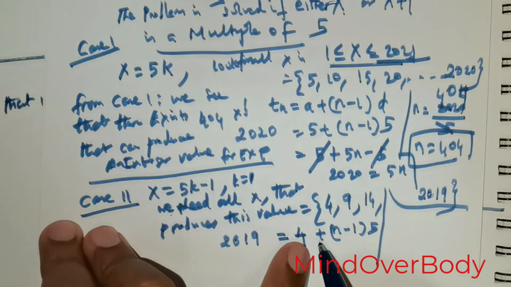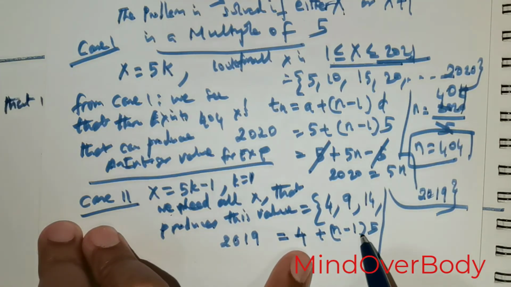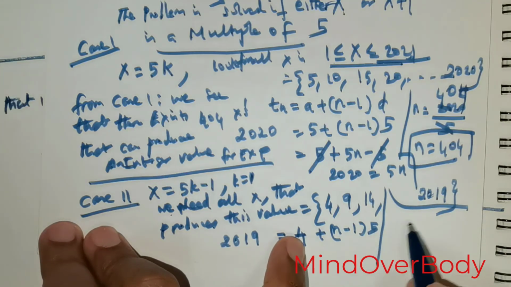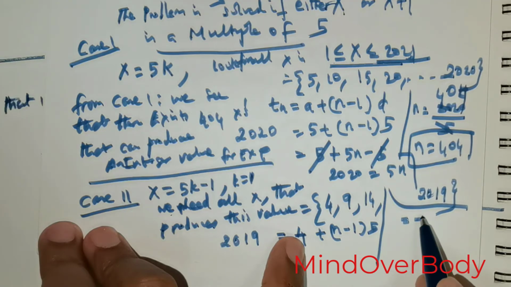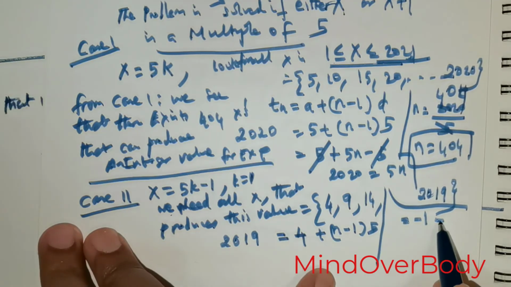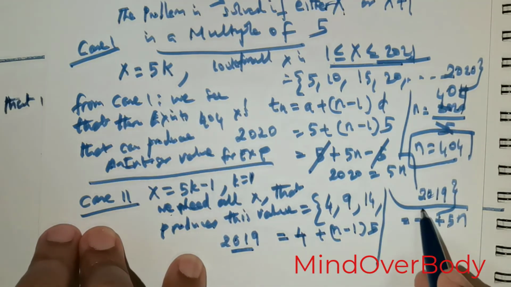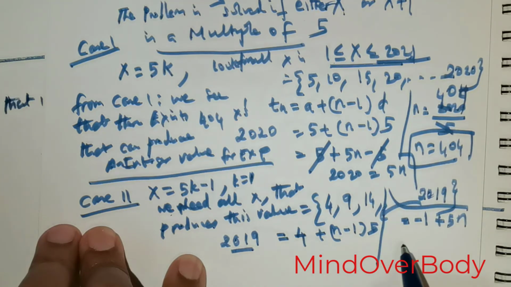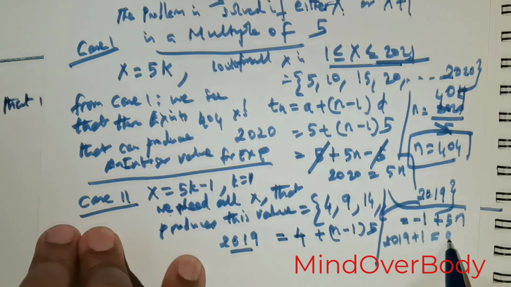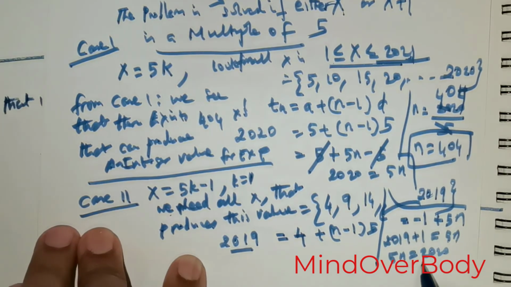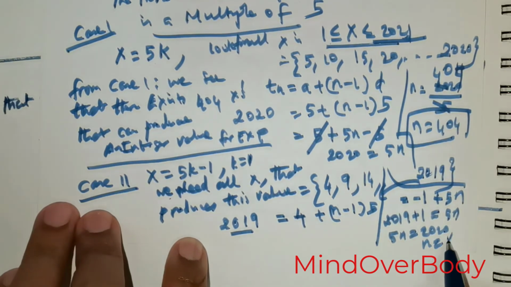So I'm going to use this space to perform the calculation. This is going to be 4 plus 5n minus 5, and 4 minus 5 would give me negative 1. So I got a negative 1 here, and I have 5n here, and on the left hand side I got 2019. If I move the negative 1 to the left, I would have 2019 positive 1 is equal to 5n. So 5n is equal to 2020, which means n is equal to 404, right?